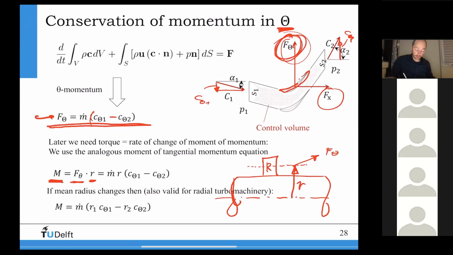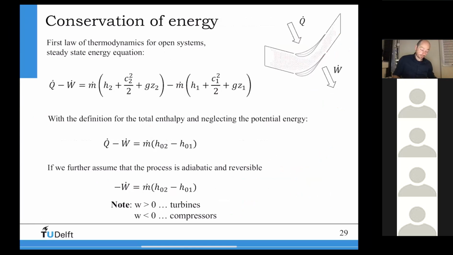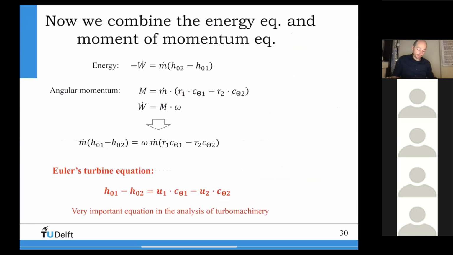Then the momentum on the axis is nothing else than F times R, or if I use for F theta this equation, then I can write this one here, right? And I have this equation. Then I continue, and I can use m times omega, and I get my power.